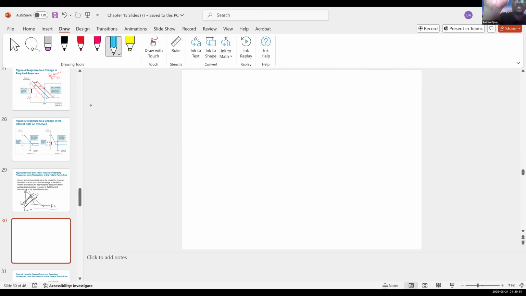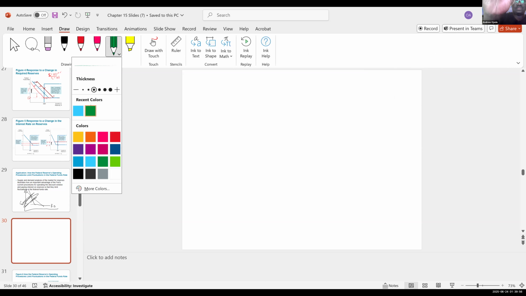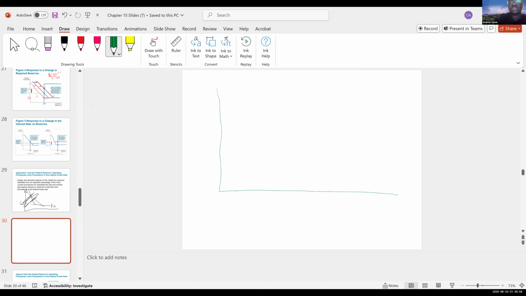So ideally you have something like this. If I draw my graph here, we have the interest rate on this axis, and the quantity of reserves on this axis, which you can call R. In the previous discussion, we saw that the demand for reserves slopes downward, and then it becomes flat.